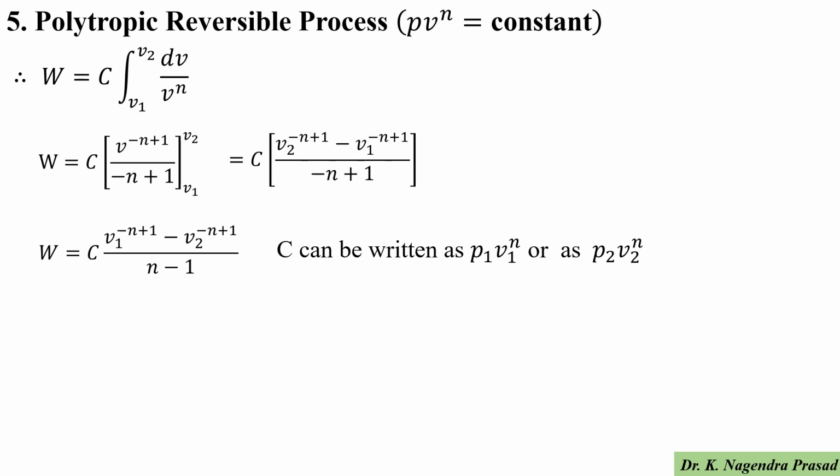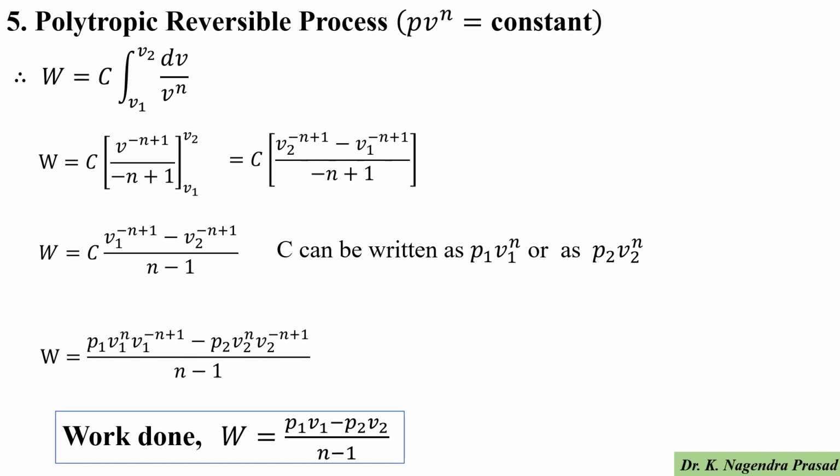So I have to substitute this C as P1 V1 to the power n or P2 V2 to the power n. Then the work done equation will become P1 V1 minus P2 V2 divided by n minus 1. So this we can rewrite as work done W equals R into T1 minus T2 divided by n minus 1.